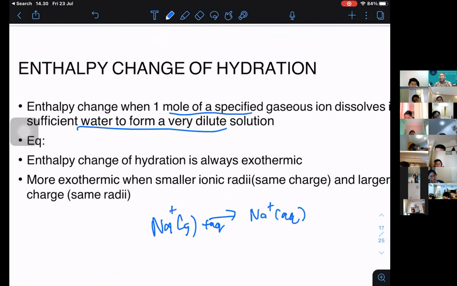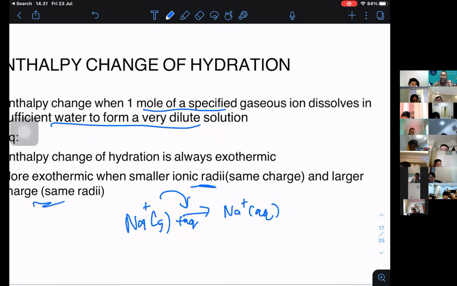That is extra. This involves forming bonds with water, so it's exothermic. It will be more exothermic when they have smaller radius and more charge.